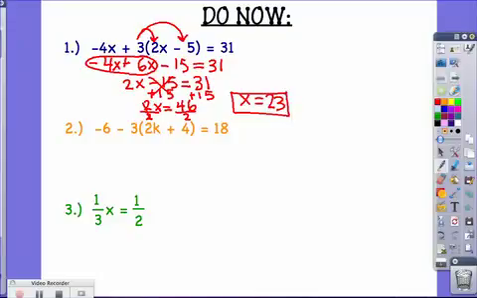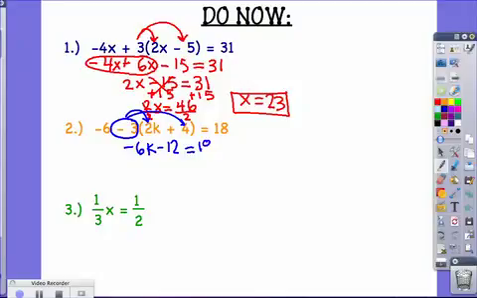We're distributing negative 3, not just the 3. So I like to put a circle around it so I don't forget about the negative sign. Negative 3 is distributed to 2k and to 4, which gives us negative 6k minus 12, and then we recopy the rest of the question.